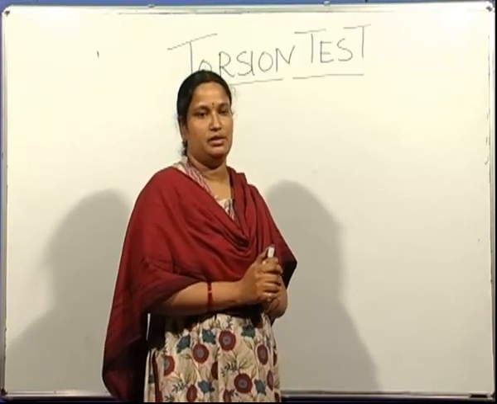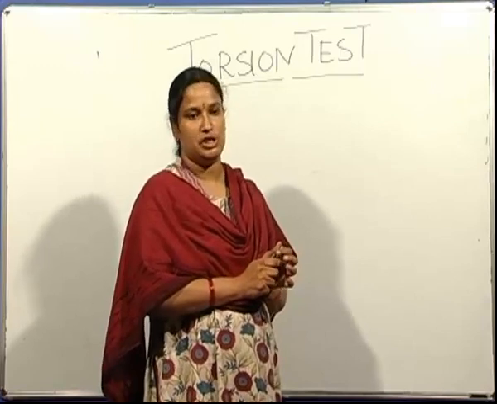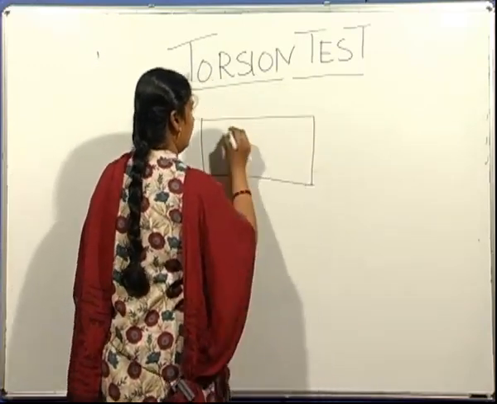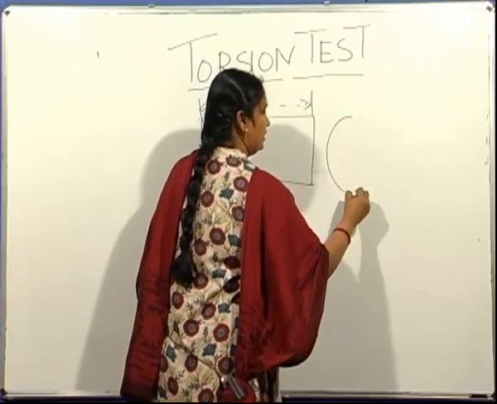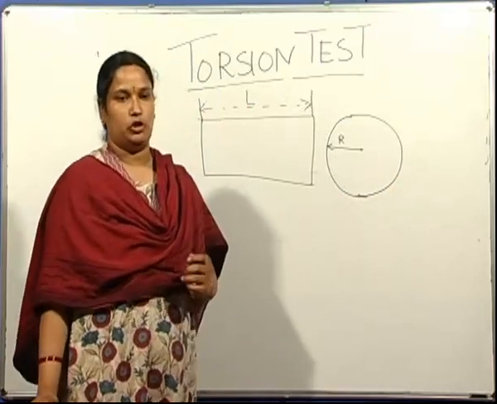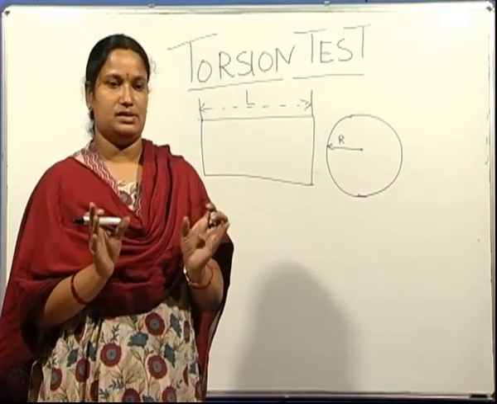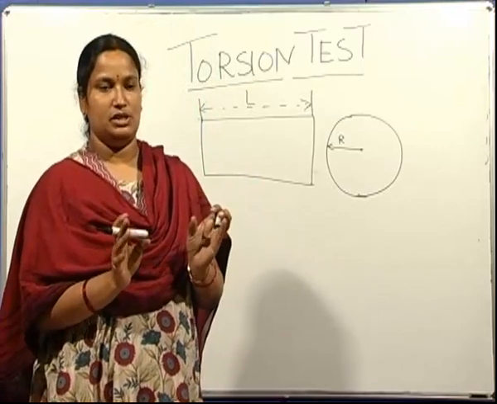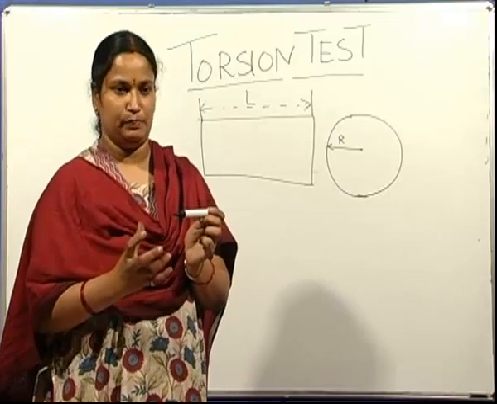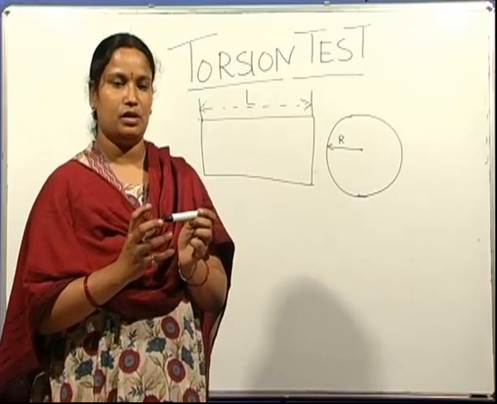In order to derive the torsion equation, we consider a shaft of length L, having a circular cross section of radius R. In the torsion test, the specimen is held between two heads. One end is stationary, and the other end is gripped by the twisting head and twisted.